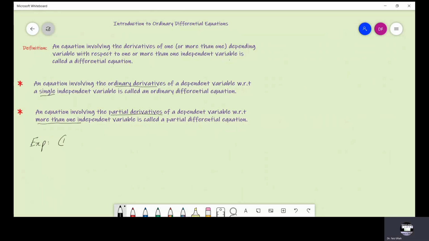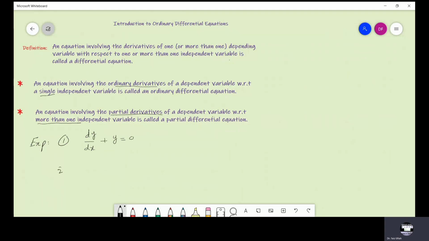In the first example, we have dy by dx plus y equal to 0. This is an ordinary differential equation because it involves the ordinary derivatives of a dependent variable y with respect to an independent variable x.